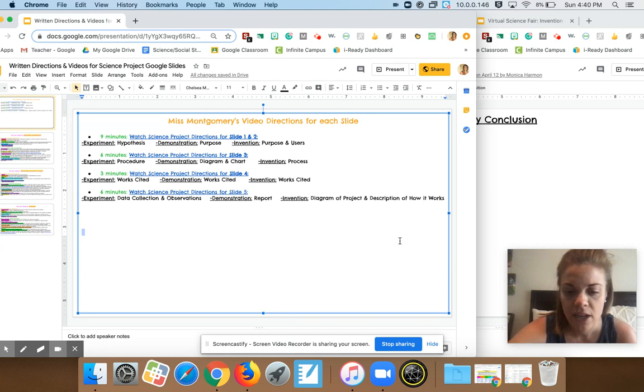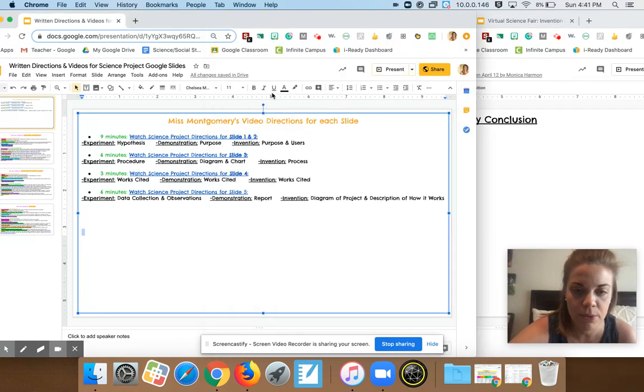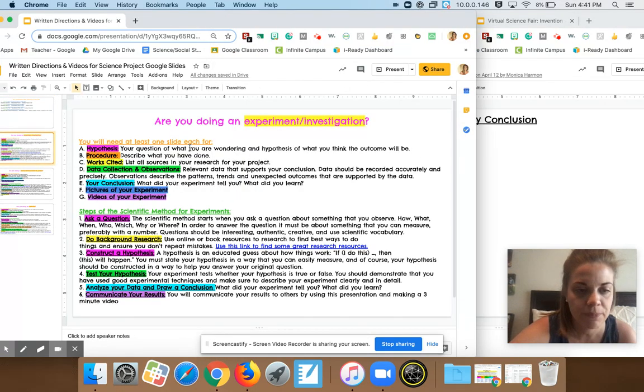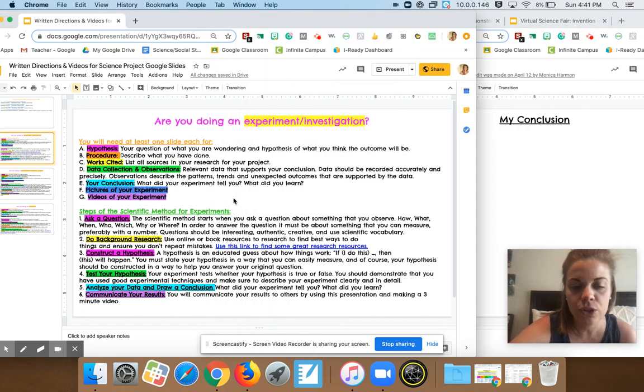Let me get started about what slides we're going to focus on today. Today you're going to focus on your conclusion if you're working on an experiment. So let me open up those directions for your experiment here. When you are writing your conclusion, you're going to talk about what your experiment told you.